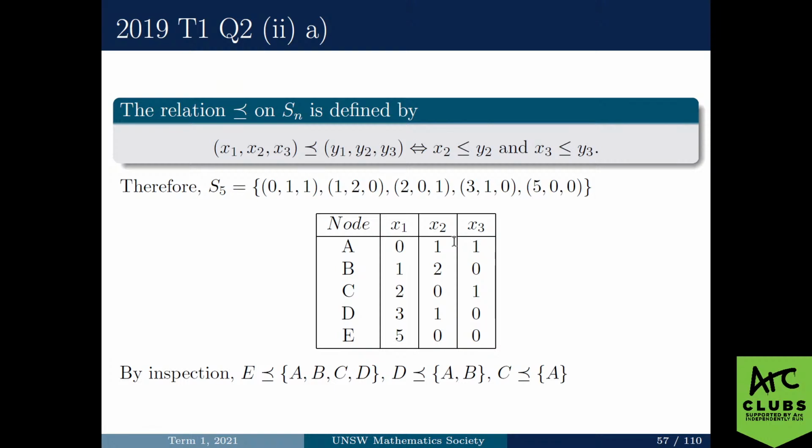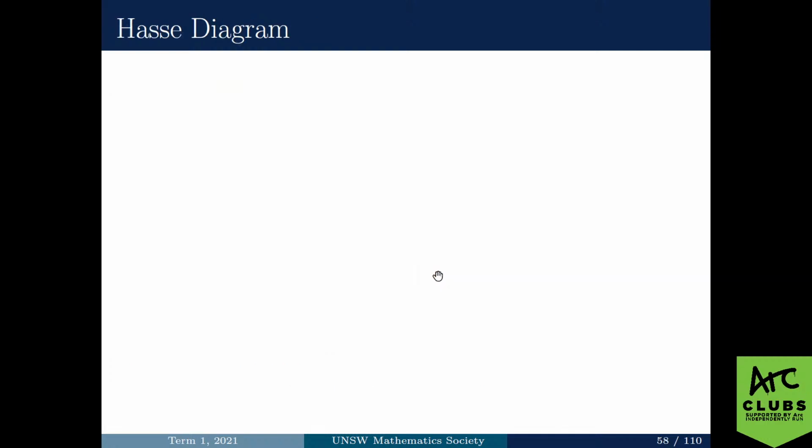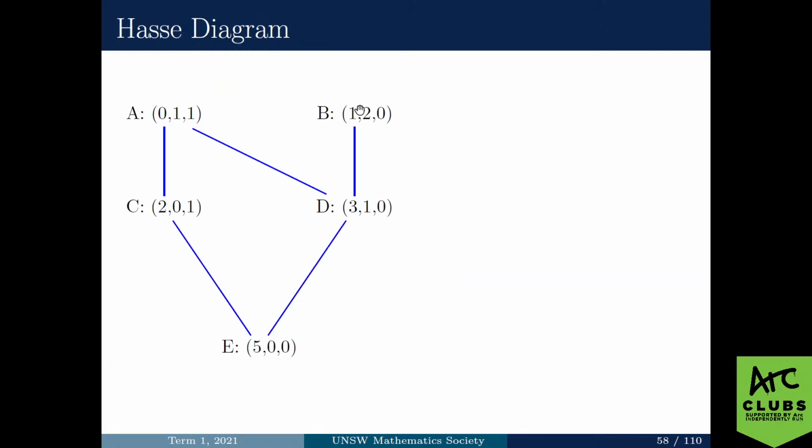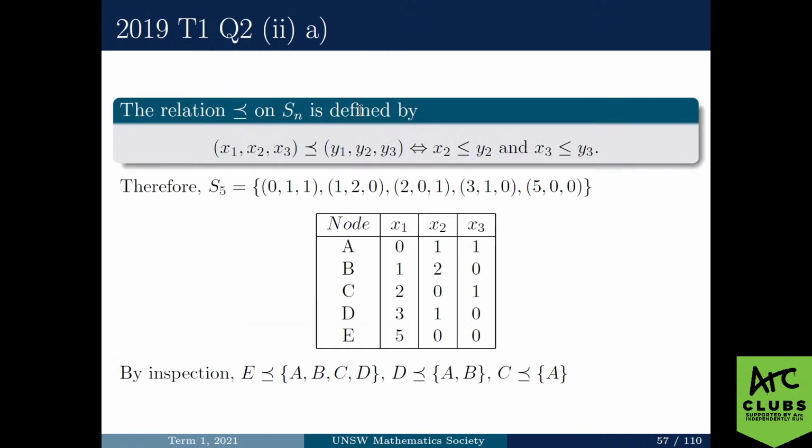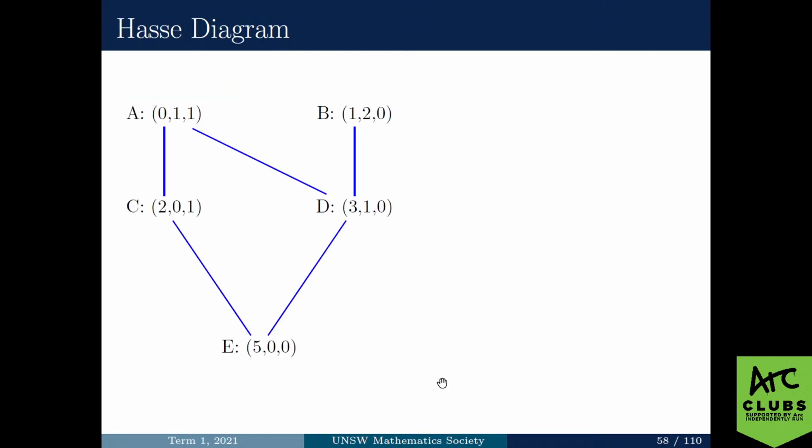So in this case, it would be A and B, right? If this was an exam, you'd be drawing the Hasse diagrams. You start off by drawing A and B at the top here. And then you'd draw the next greatest, which would be D. And because of how Hasse diagrams work, you'd connect D to A and B, as you can see here.